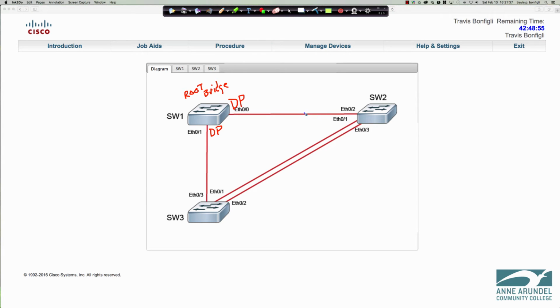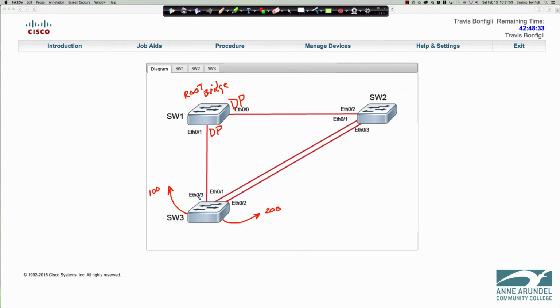Then we're dealing with all 10 megabit per second links, so the cost is 100 for everything. These segments all have the same cost. So for switch 3 to get to the root bridge, going this way it's going to cost 100. Going this way, again counting outgoing ports, it would cost 200.